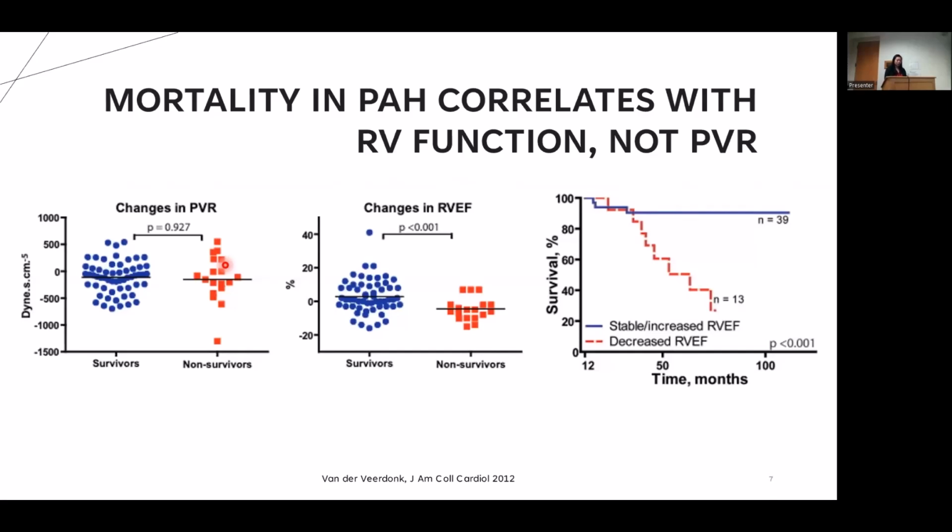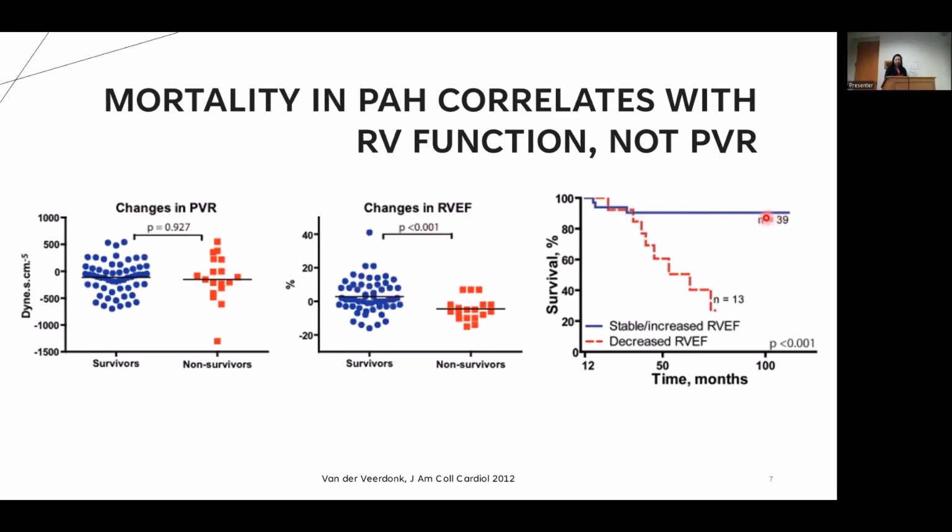So in this study, which followed prospectively patients that were diagnosed with PAH and then started on PAH vasodilator therapy, you can see that if you follow the patients that survived, there's actually no difference between survivors and non-survivors and whether their PVR changed. But there is a significant difference between survivors and non-survivors and changes in RV ejection fraction. So in patients that had a decreased RV ejection fraction, they were more likely to have mortality.